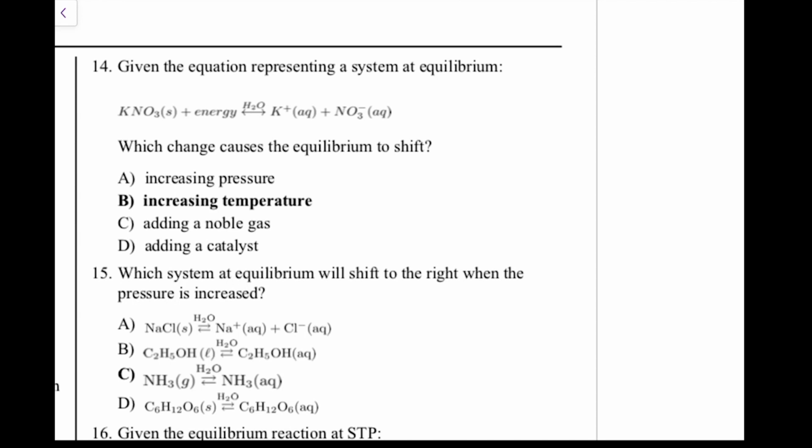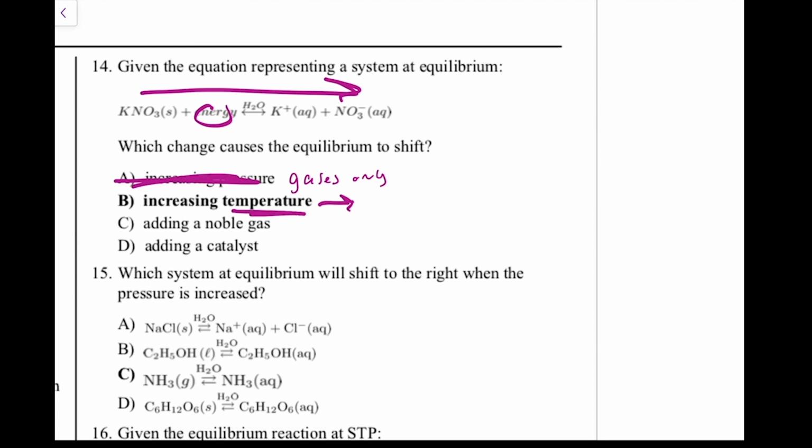Almost done. Number 14. What changes cause the equilibrium to shift? So, pressure only affects gases, and there are no gases here whatsoever, so it can't be A. If we increase temperature, that's changing this, and so we will get a shift towards the right.